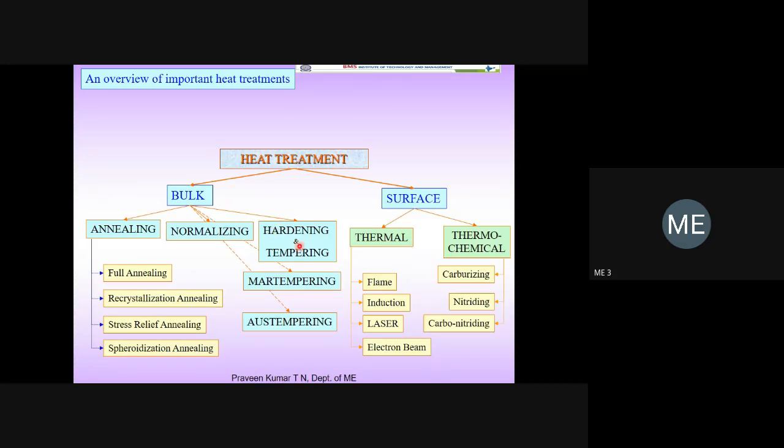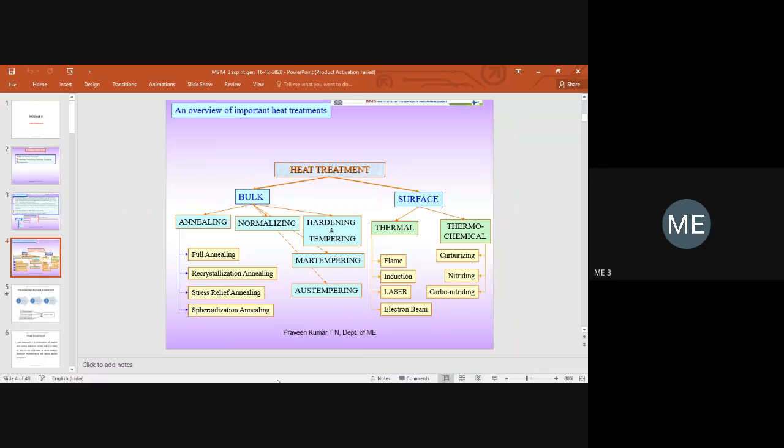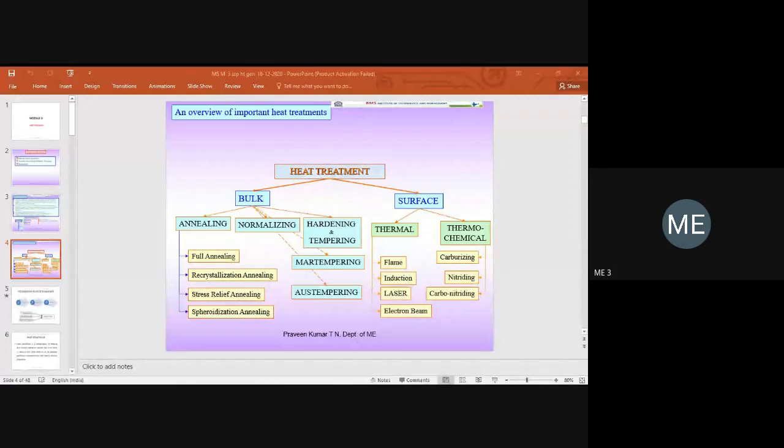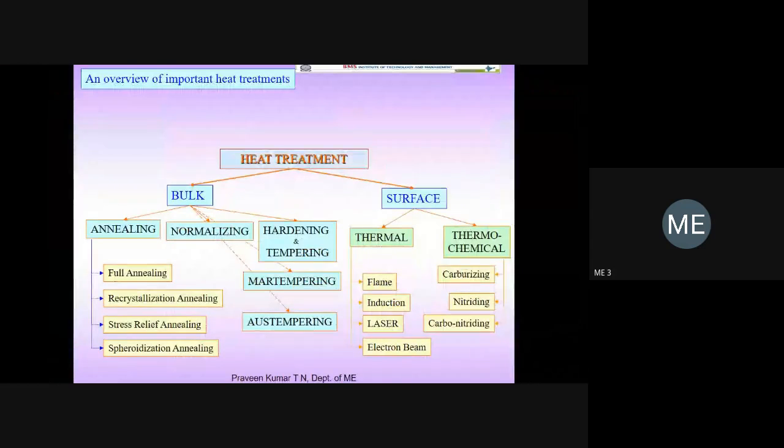But once the material gets hardened during hardening heat treatment, the material becomes too hard, and it cannot be used in service. That's why you have to decrease the hardness by a small amount. This type of heat treatment process is referred to as the tempering process. It is a secondary heat treatment process, done after the hardening treatment.